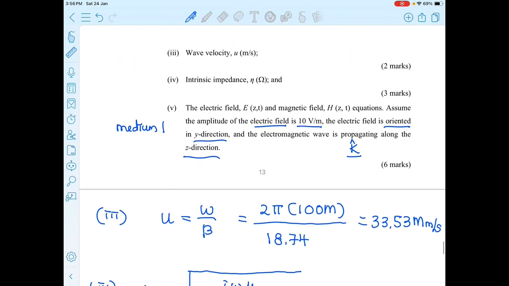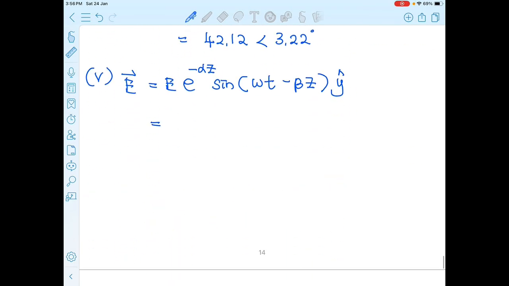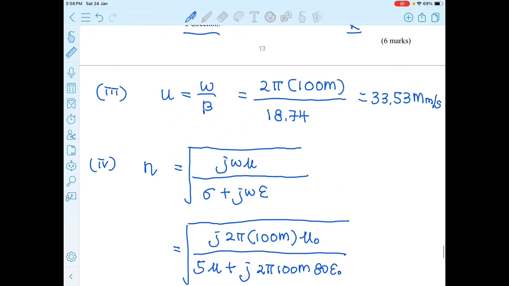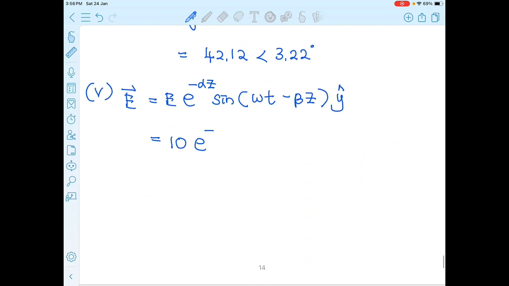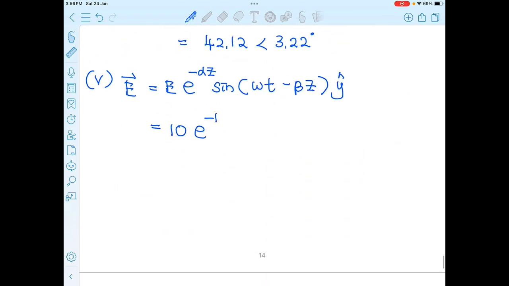Now you can plug in the values that you know. For example, the amplitude is 10. And alpha is 1.05, so 1.05 times 10 to the negative 4 z. Then you have sine.